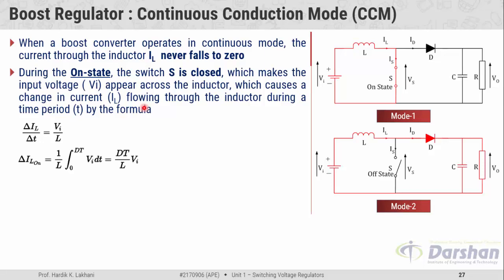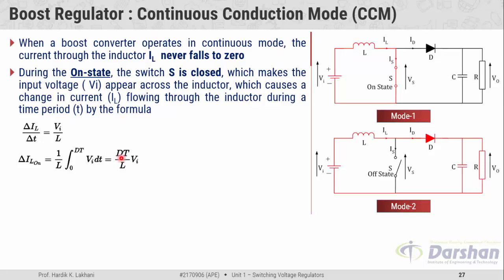From that equation, we can find out the rate of change of inductor current during the on time duration. So using this integration formula, the time at which mode 1 begins is 0 and the time instant when mode 1 ends is DT, integrating Vi into dt.